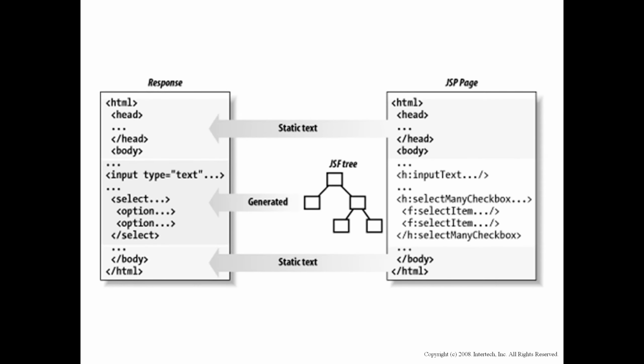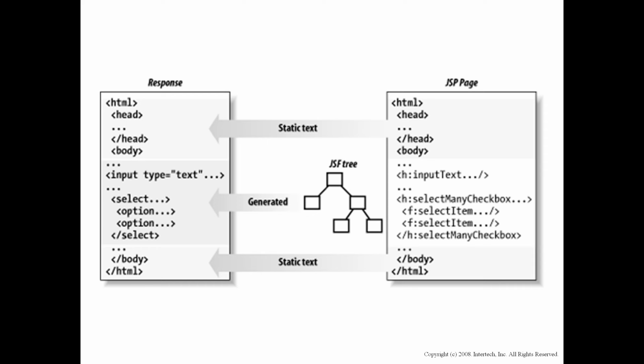And what happens is, if you look at the right hand side, this is your JSF over here, and anything that's static text in the sense that it's not JSF, but in this case just HTML, would simply go across to the left as HTML.